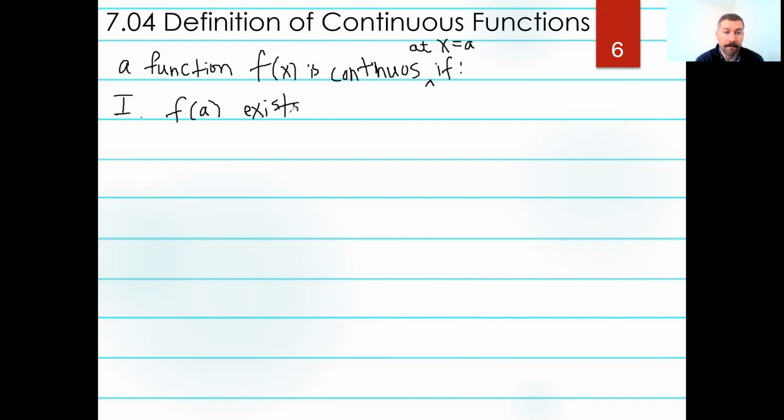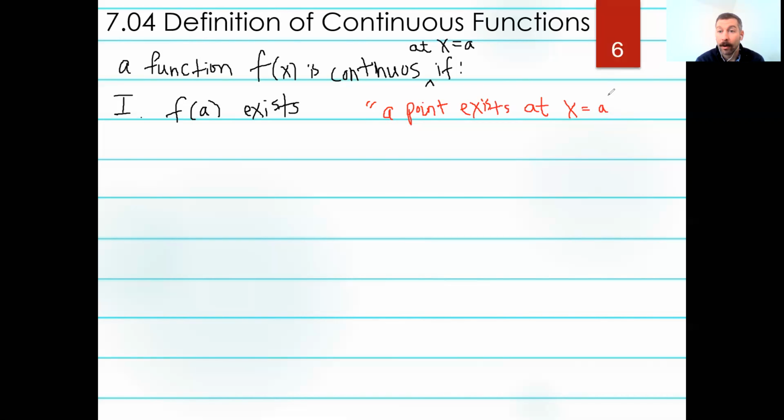just quite simply exists, which means if you needed to evaluate, there is a point there. So I would just say, basically in my own words, a point just simply exists at x equals a.